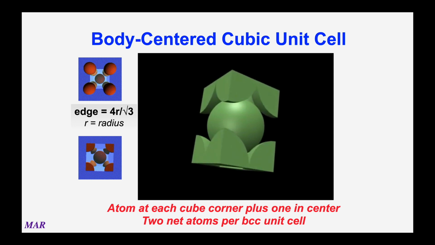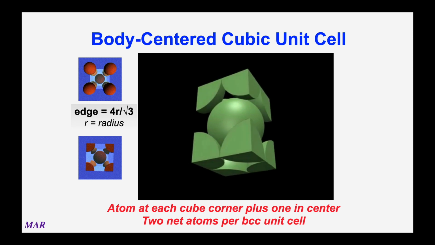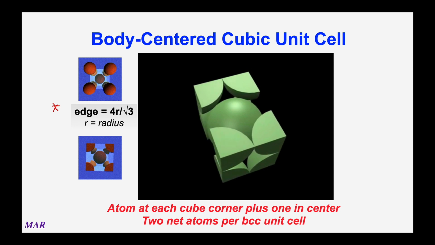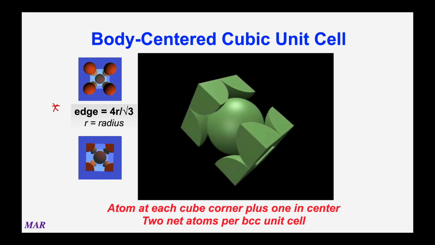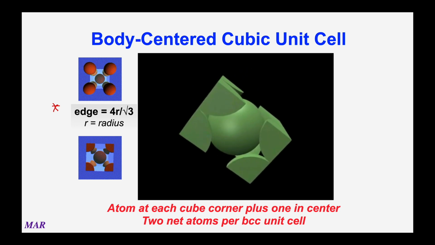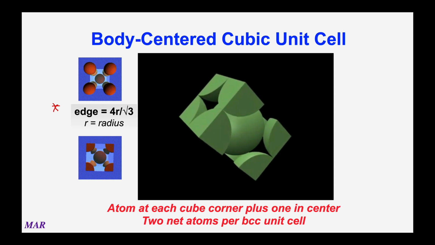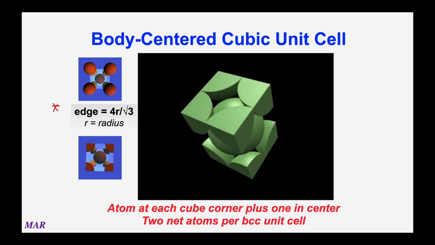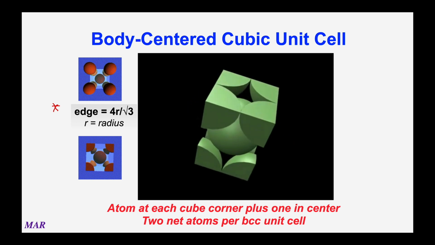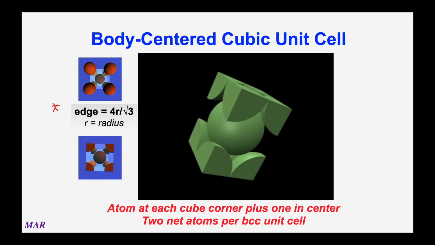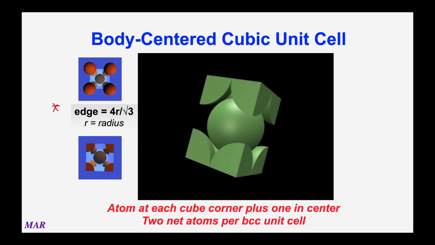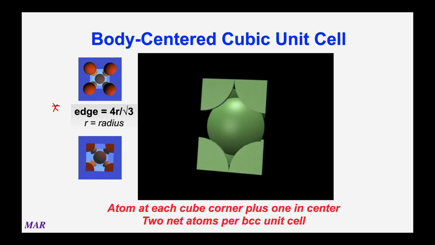Now, I'm also going to put up here in the middle left kind of what the edge to radius ratio is for these different unit cells. And in the solids and linear regression lab, if you're curious, we'll go over how those come around in more detail. But if you take 4 times the radius divided by the square root of 3, that's going to equal the edge of a BCC cell.